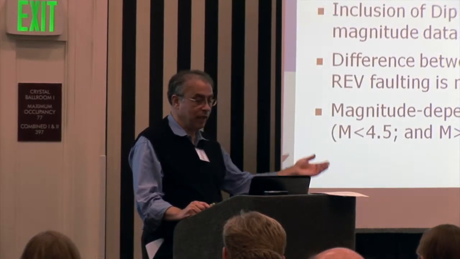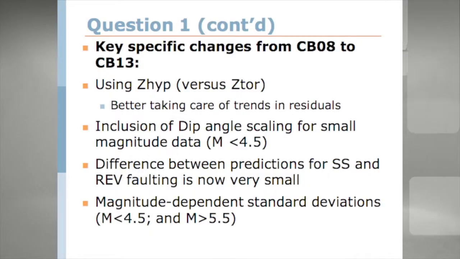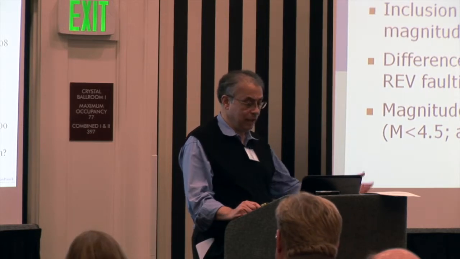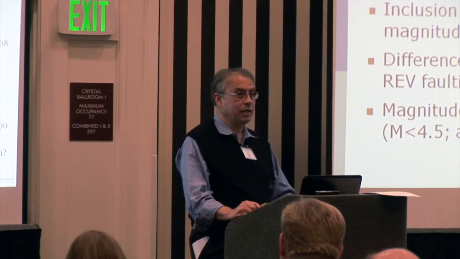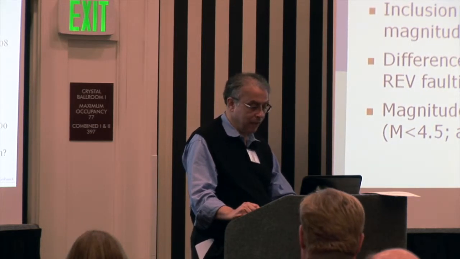In 2008, we had the depth to top of rupture. During the model development, we found that if we use hypocentral depth, the residuals look better, both for Z_TOR as well as hypocentral depth, so we adopted that. Dip angle for small magnitude is strong, so we included it in the GMPE.